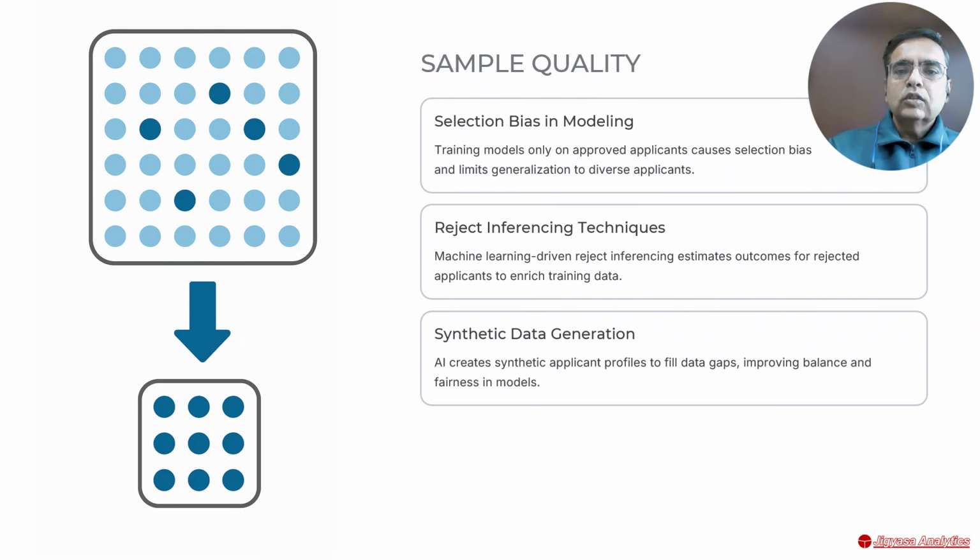We could also limit the amount of expensive bureau data we need for reject inferencing, and use a small amount of bureau data and then use synthetic data techniques to increase the volume of that bureau data and use it in our modeling.